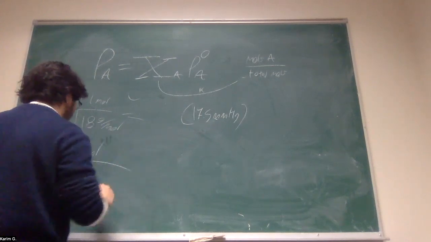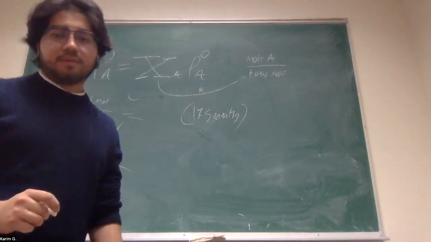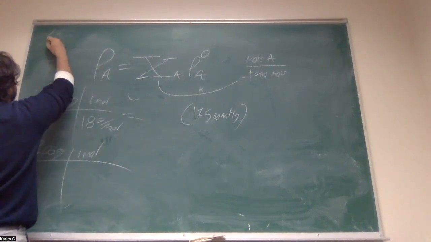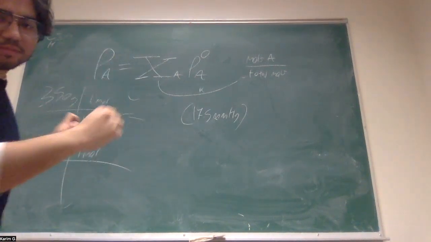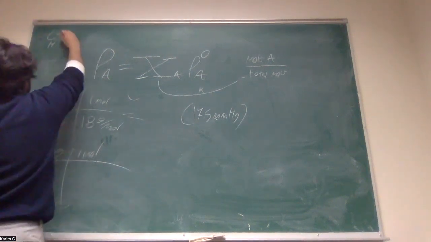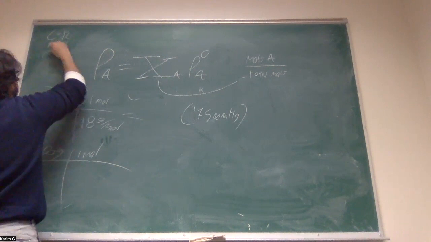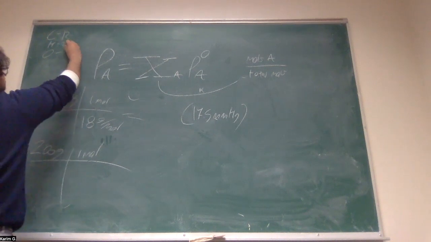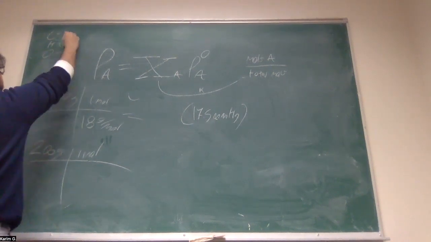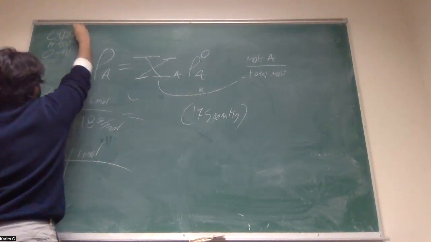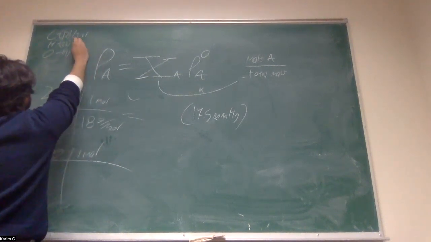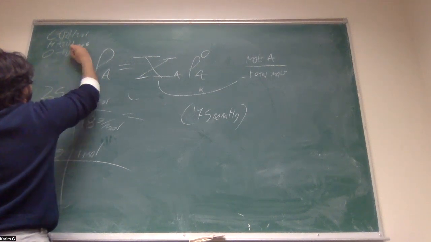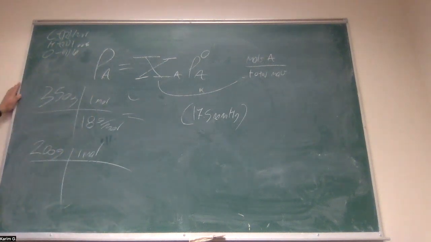And then you have to find the molar mass of sucrose. So it's C12H22O11. So that's C 12.01, H is 1.008, and then O is 16, right?